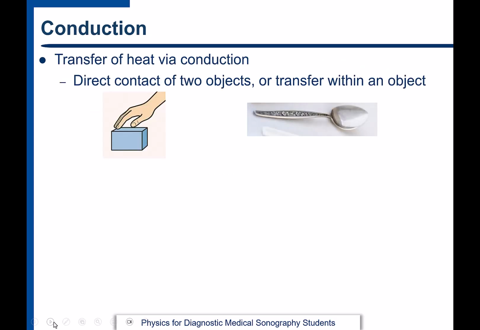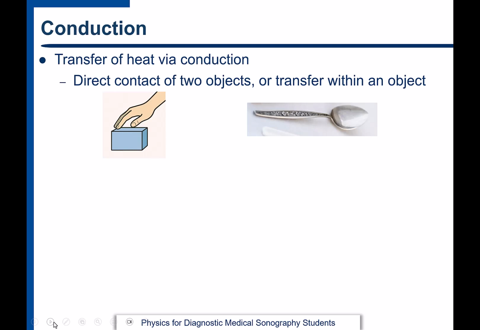What do we mean by conduction? We really mean two different things. When we talk about heat transfer via conduction, we can mean either the direct contact of two objects. So for example, if you put your hand on the desk, it will probably feel cool because heat is being conducted from your hand to the desk or to the table.